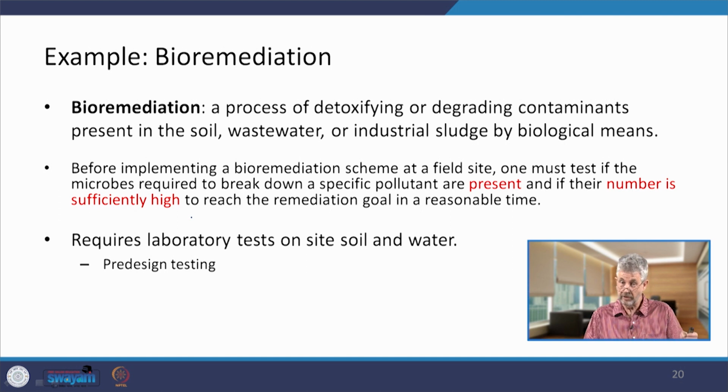site? Are those microbes that are present the right microbes? Do they finish the job? And then importantly, is their number, their concentration high enough? Meaning, will the bioremediation proceed in a speedy manner so that we can achieve our remediation goals in a reasonable amount of time?